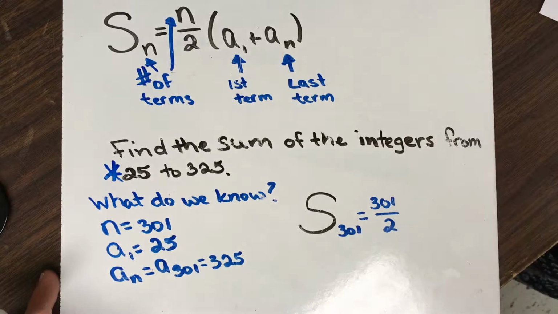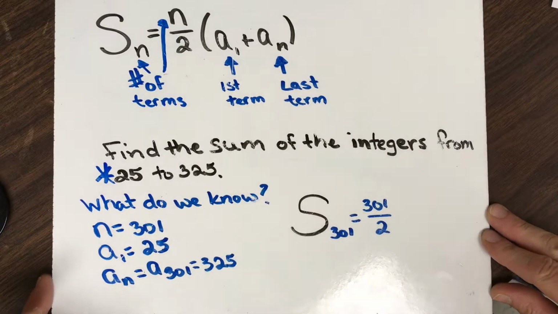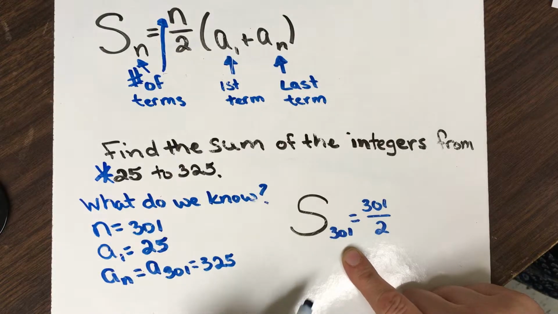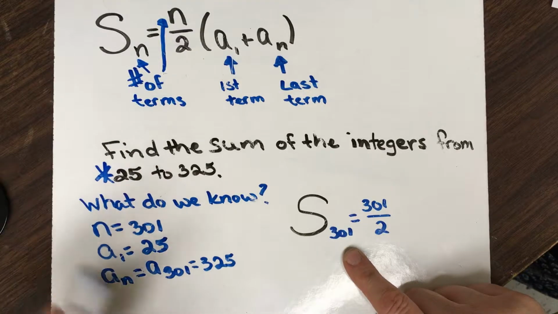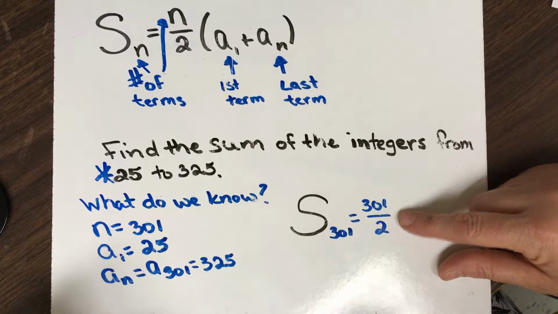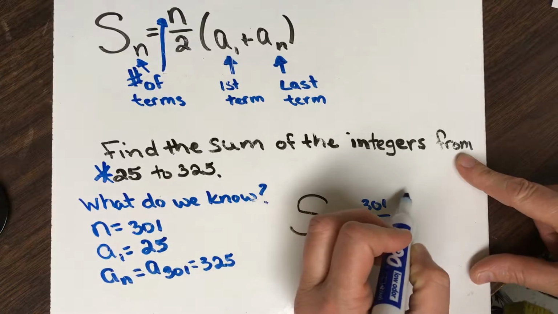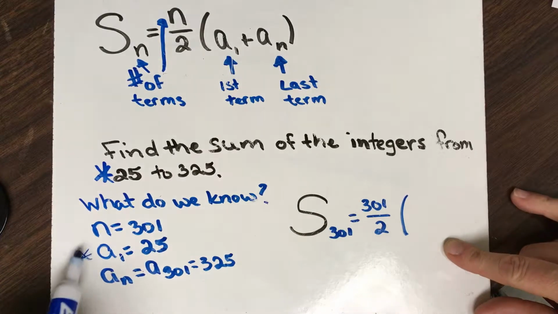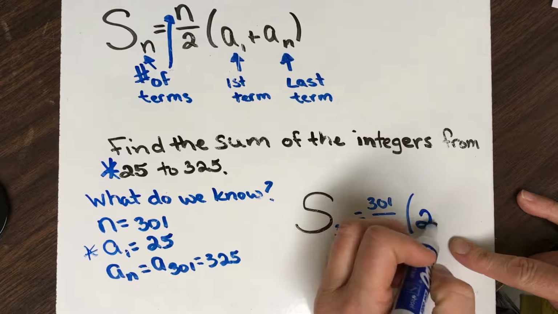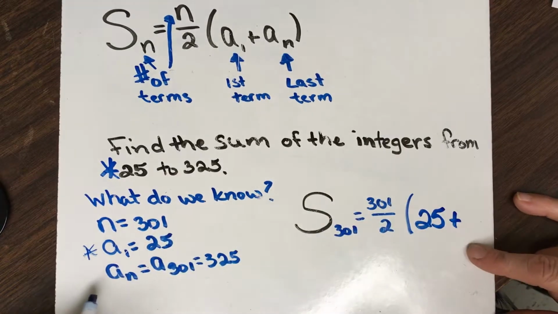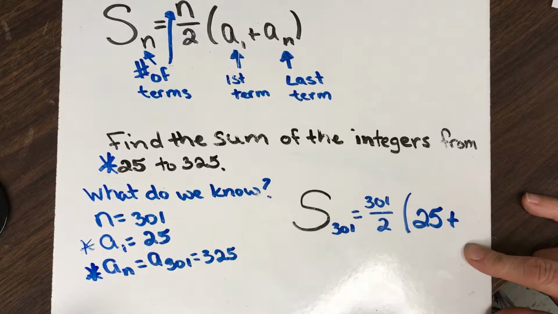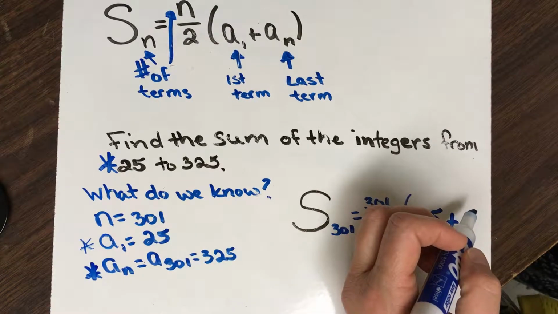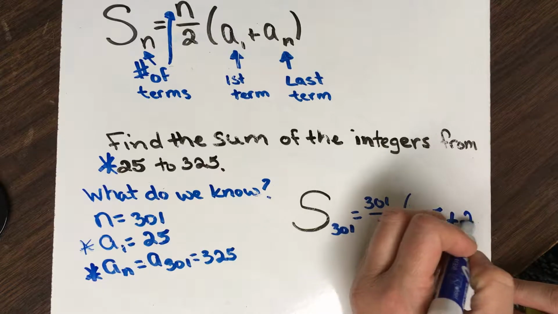So I've already started to put this into our formula, and I'm going to continue here. So it's S sub n is 301, so then we put our pieces in. 301 divided by 2 times the quantity. Now A1 is 25 plus our last, our A sub n, is 325.